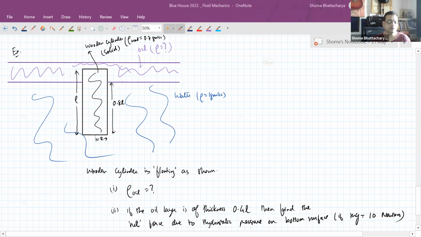Now the question is how we will apply Archimedes principle over here, because there's a combination of two fluids, oil and water. One way is to blindly apply the statement of Archimedes principle that upthrust equals the weight of fluid displaced. Only here, make it weight of oil displaced plus weight of water displaced. That will give you the correct answer also.